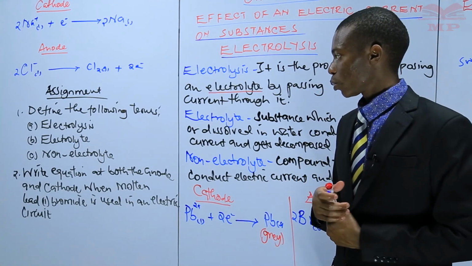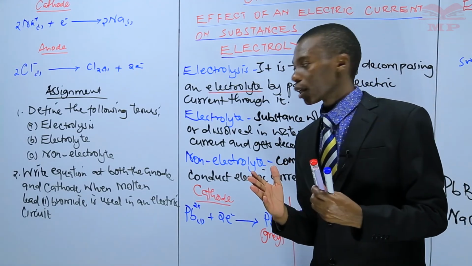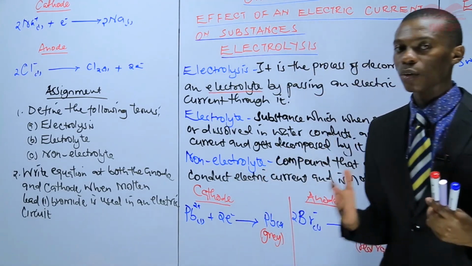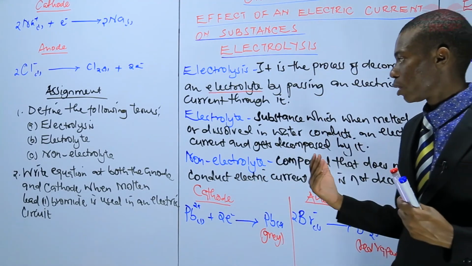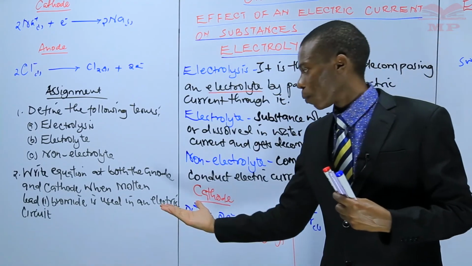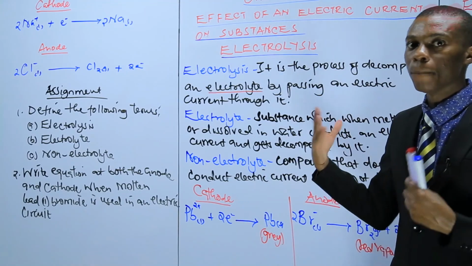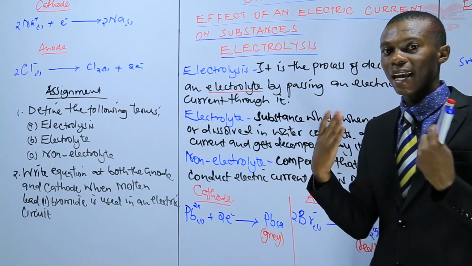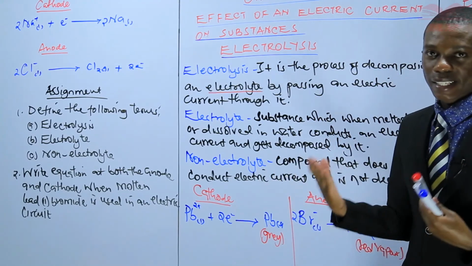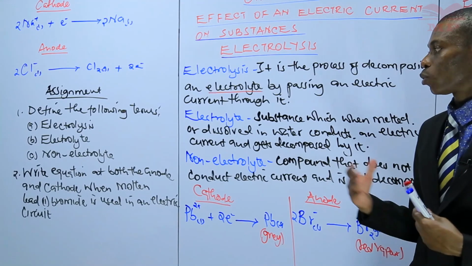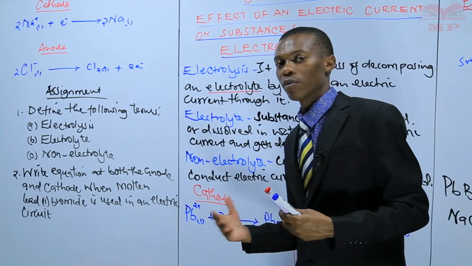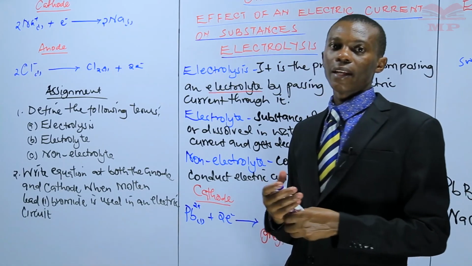Then the second question, write the equation at both the anode and the cathode when molten lead(II) bromide is used in completing an electric circuit. Therefore, ensure that you've attempted those questions before we meet in the next lesson.